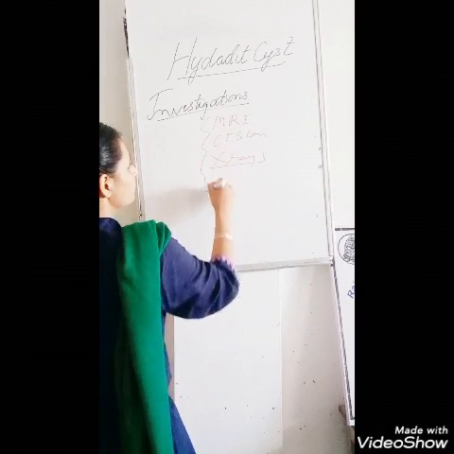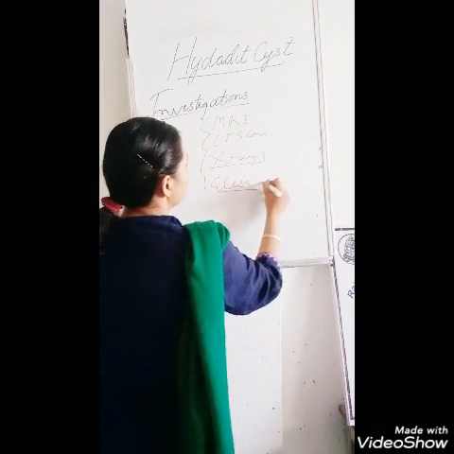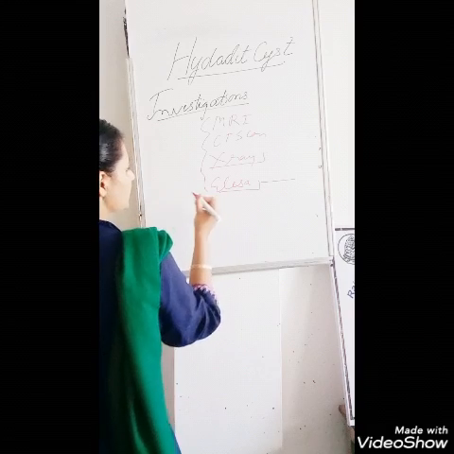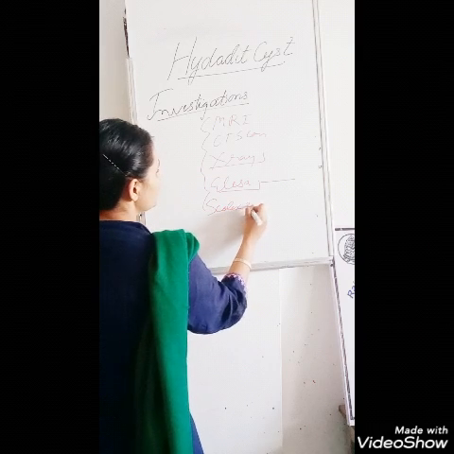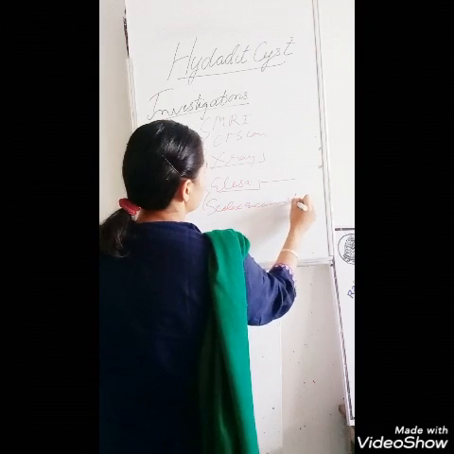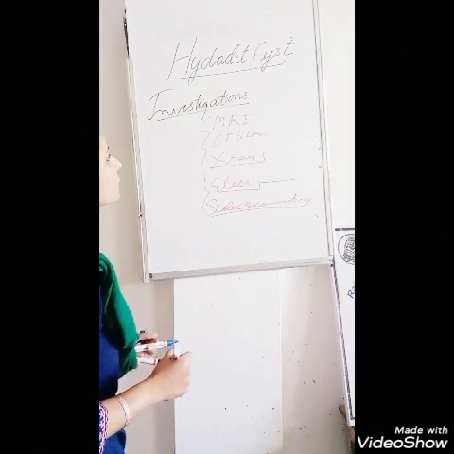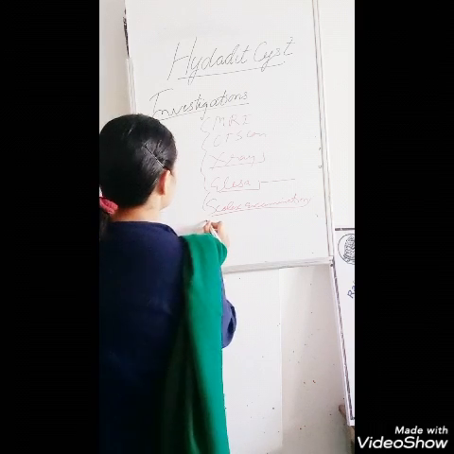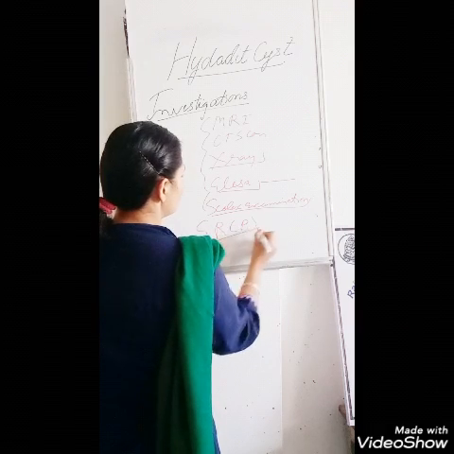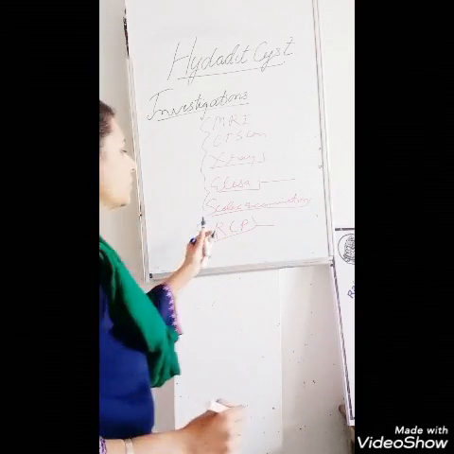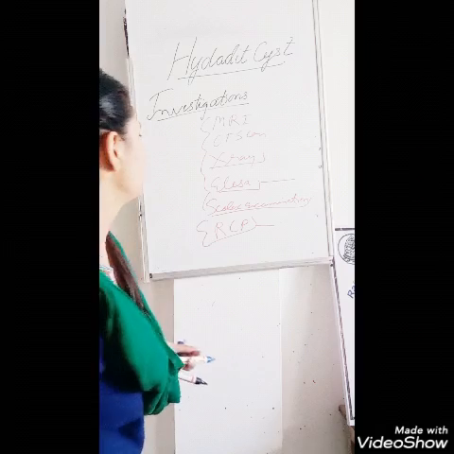Besides this, ELISA test, antibody detection test, then aspiration of the hydatid fluid, then the scolex examination in the stool and urine and vomit of the patient, then ERCP if there is obstructive jaundice. So ERCP followed by splenectomy will be done. So these are the investigations.